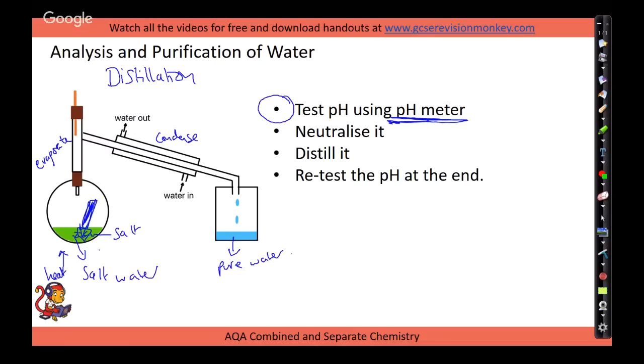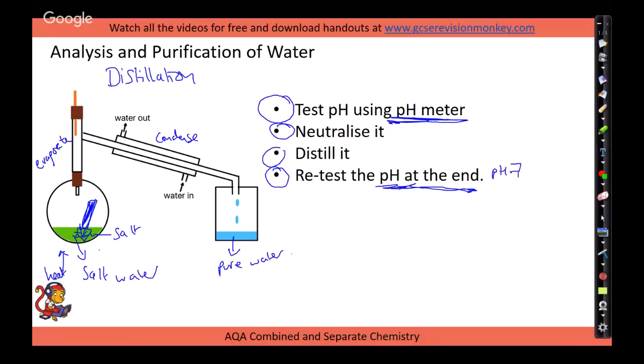If it's too acidic or too alkaline, we would then neutralize that by adding either an acid or alkali, depending on what it needed. We would then do this process here, which is distillation. And we would then, with the pH meter, just retest the pH at the end to make sure it is pure water at pH 7.